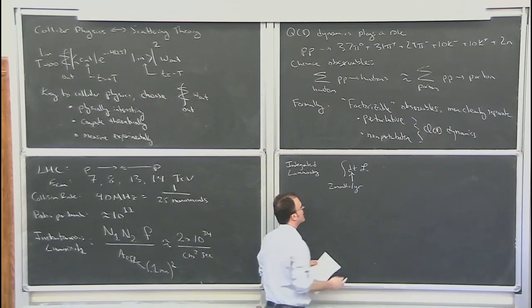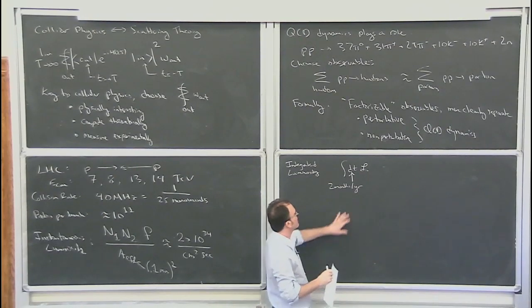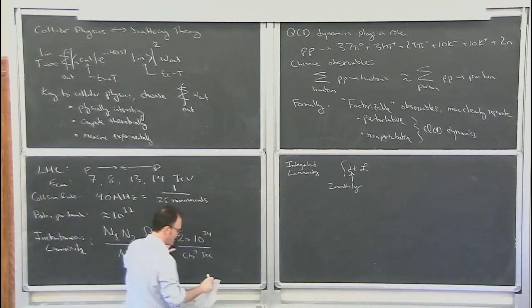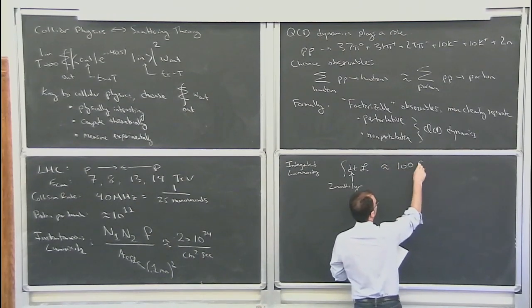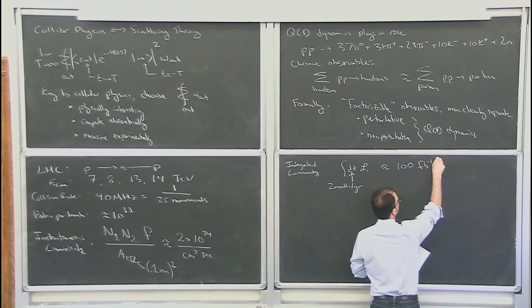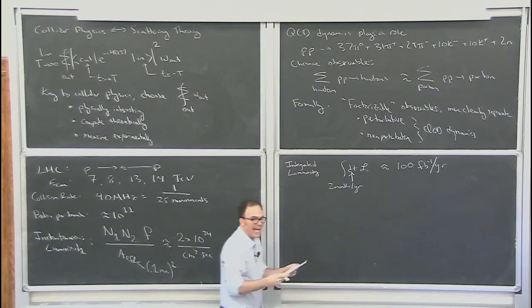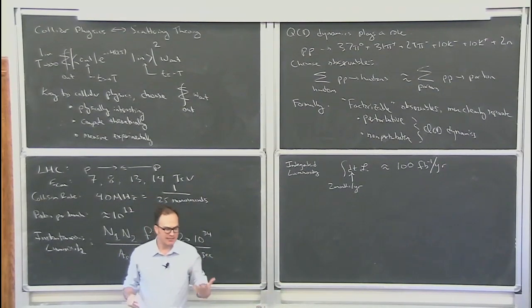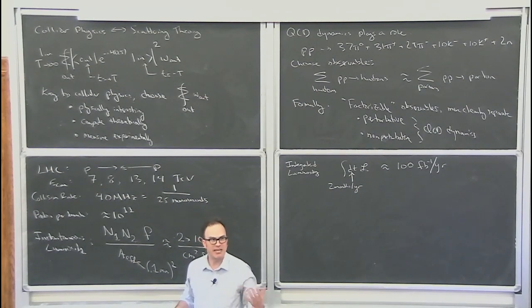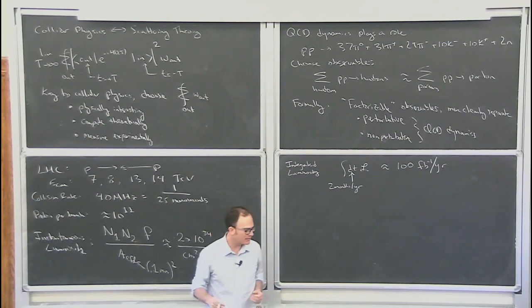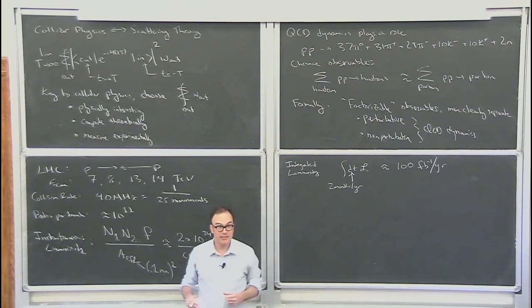So you can take roughly 2 months per year times this luminosity, and what do you get? You get a number that's like 100 inverse femtobarns per year. And that's roughly the data taking rate that was achieved during this last Run 2 of the LHC, and we'll get a little bit higher for high luminosity running than that.